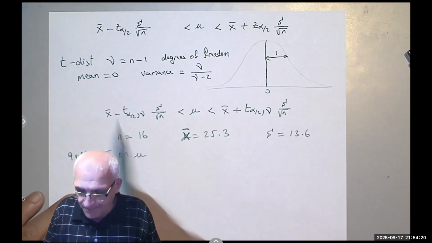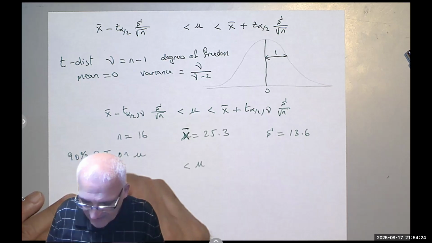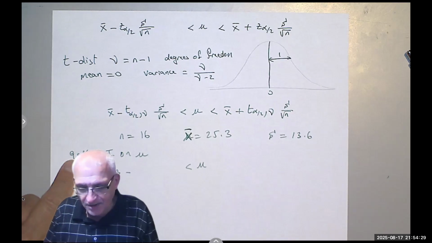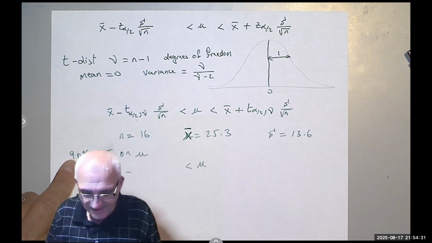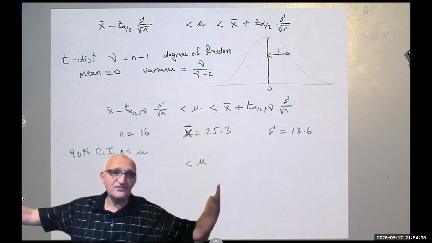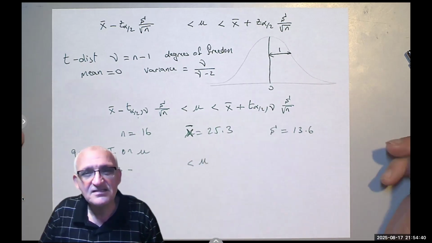Notice, we say mu is greater than 25.3 minus t.05. A 90% confidence interval means 10% is out, 5% to the right, 5% to the left. The t distribution, like the z distribution, is symmetric.